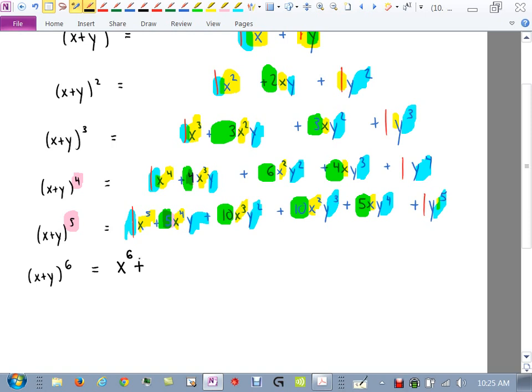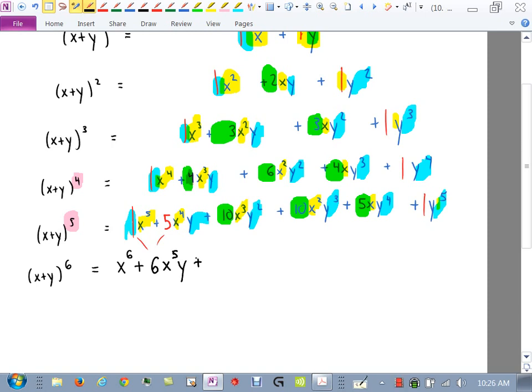Now, how do I get the number? So it would be this number and this number. So it should be a 6x to the, what's going to happen to the power in x? Comes down to 5. And now what about my y's? It comes up, so I should have a y.